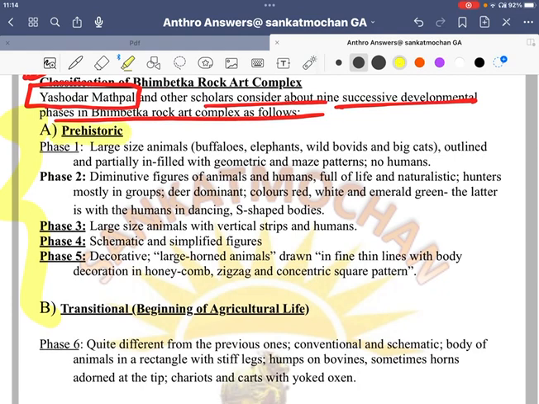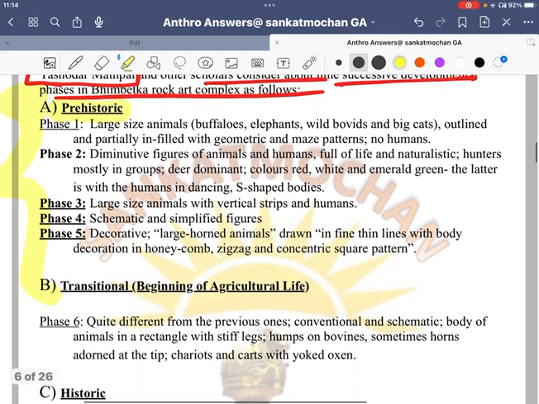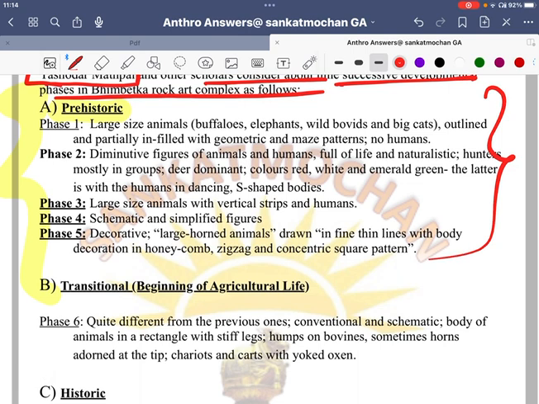So, what are the phases? Prehistoric. You do not have to write this down in answers, but you have to know about it, because since UPSC has asked a question about Mesolithic, next time it can be directly about Bhimbetka, so we have to be prepared.